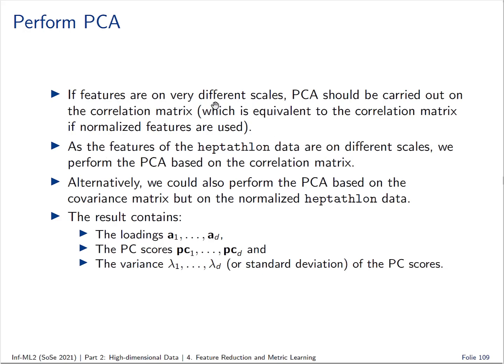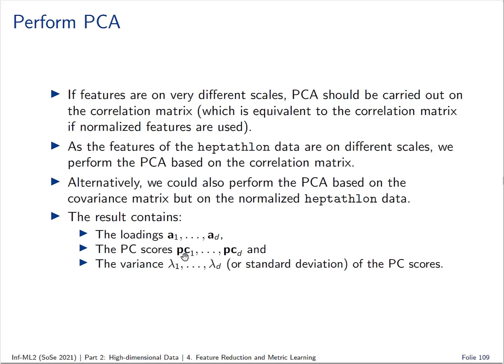If we perform PCA on this data set, we have the problem that the features have different scales. So we carry the PCA out on the correlation matrix, which is equivalent to PCA on the covariance matrix if the features would be normalized. So the result of PCA will be, first of all, the scores, that are the principal components, which are d-dimensional vectors.